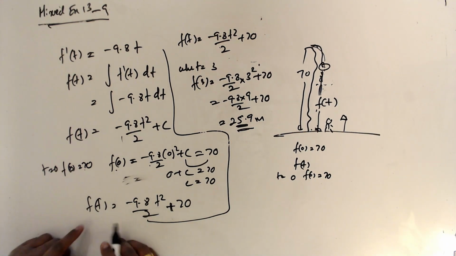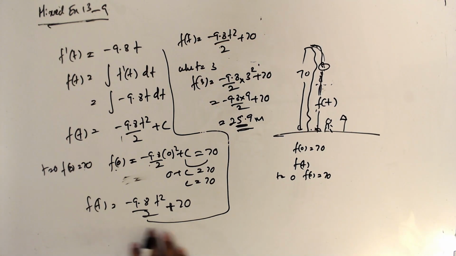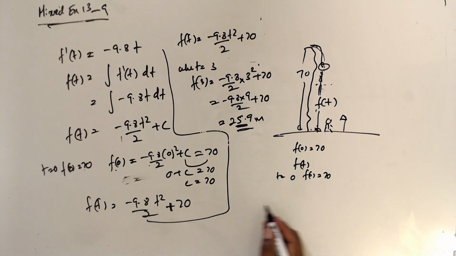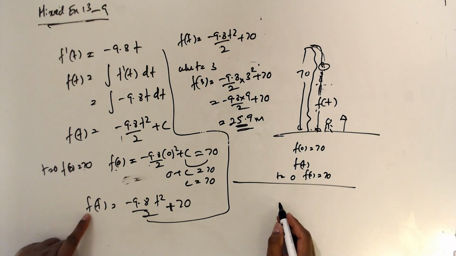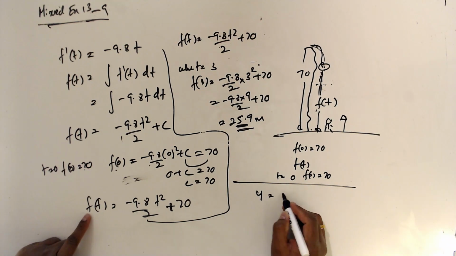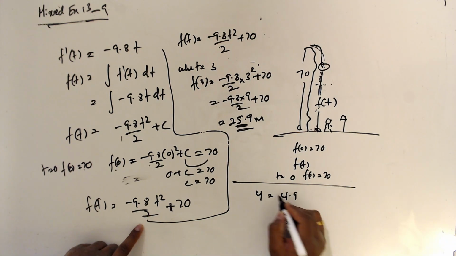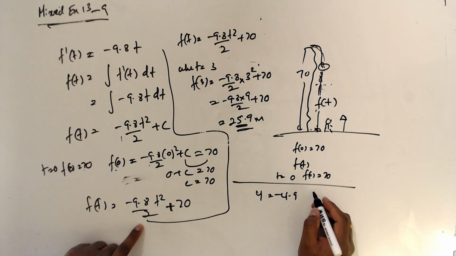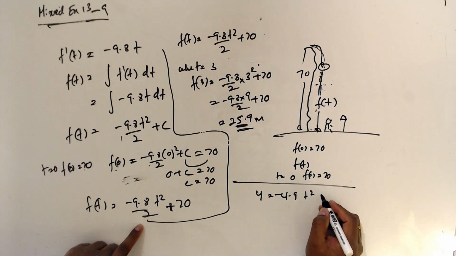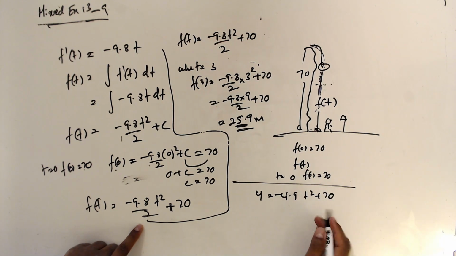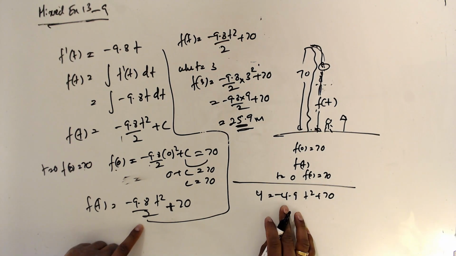What type of graph is this one? This is a quadratic graph. In normal form, this is y equals minus 4.9 t square plus 70. This is a quadratic graph and the a value is negative, so it has a maximum.